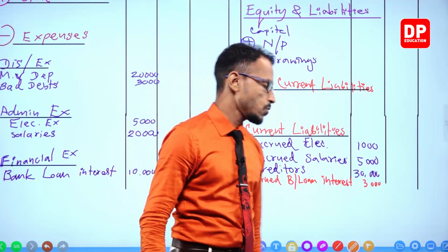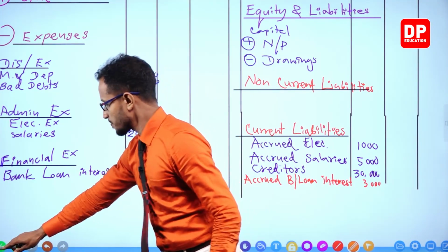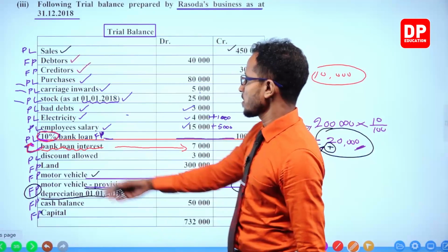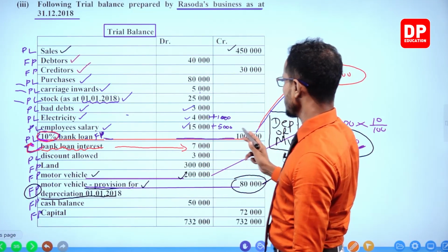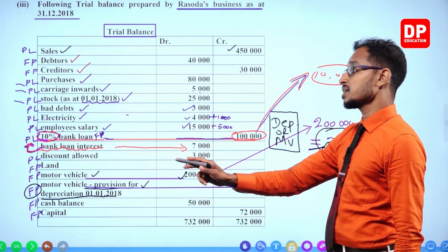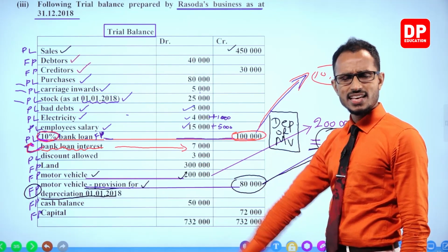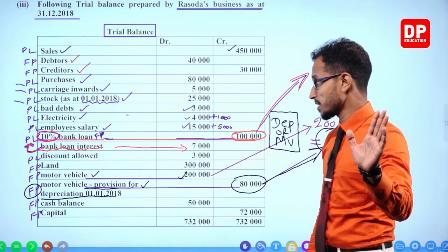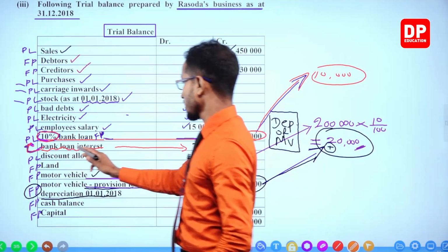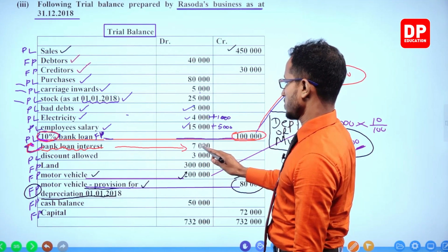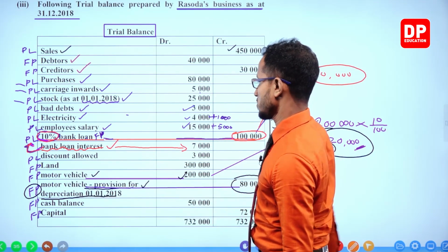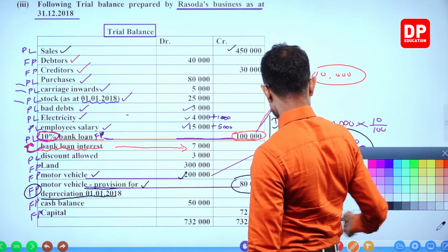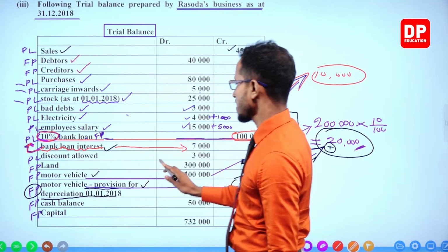That's how we do it. So we are done with that item. The bank loan should be mentioned. This 100,000 should be mentioned in the SOFP. Did we mention that in the SOFP under non-current liabilities? No, we forgot that. But we entered the interest. That is done.